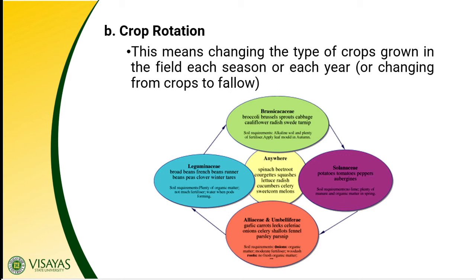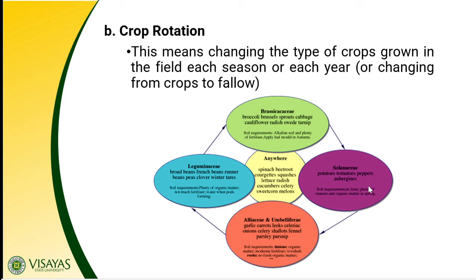It's advantageous for the brassicas to be grown after the legumes because of the fixed nitrogen of the legumes. Then after the brassicas, we will plant members of the Solanaceae family. So this includes the potatoes, the tomato, sweet pepper. Okay, we are not familiar with this crop, the aubergines.